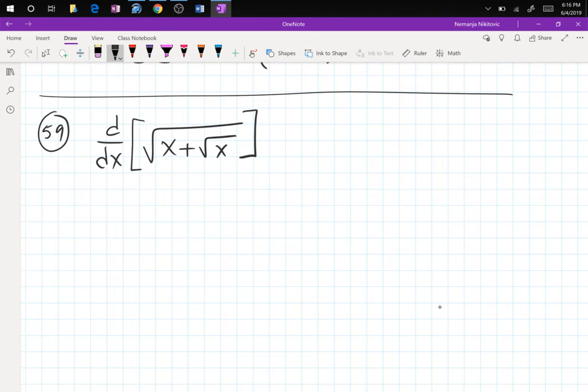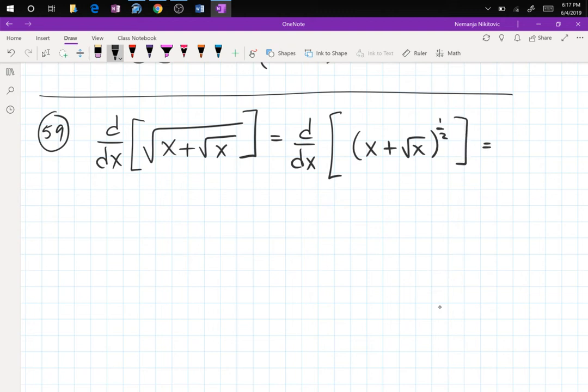So actually, this is one of those problems where writing these parts actually makes it more confusing, but such is life. So let's use algebra to rewrite this problem into the derivative of x plus root x raised to 1/2.